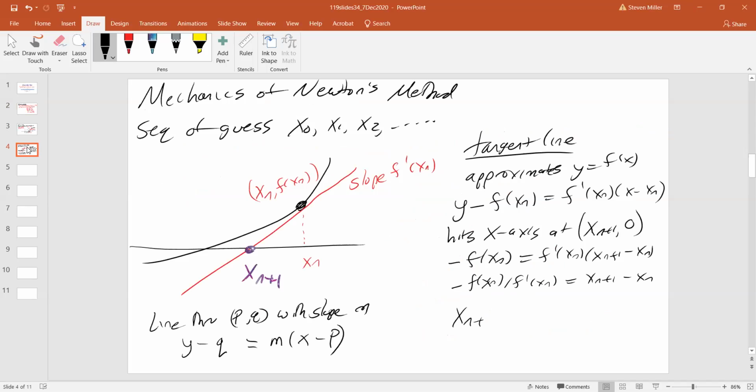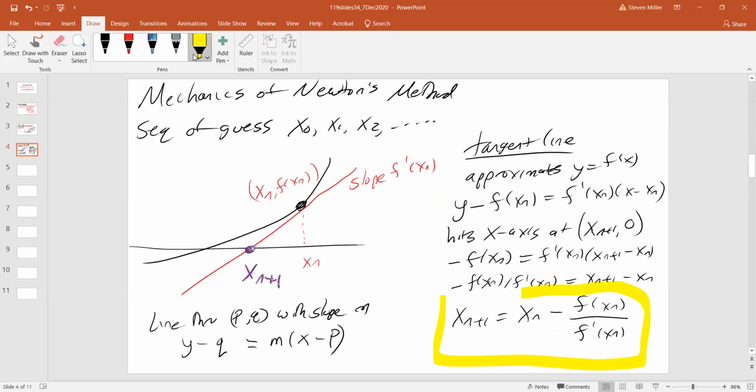So xn+1 is xn, bringing that over to the other side, minus f of xn over f prime of xn. And so now we have a very simple formula that gives us the next value in the sequence given the previous value. So if we know what f is at xn and we know its derivative at xn and we know the guess xn, we now have the next term in the sequence.